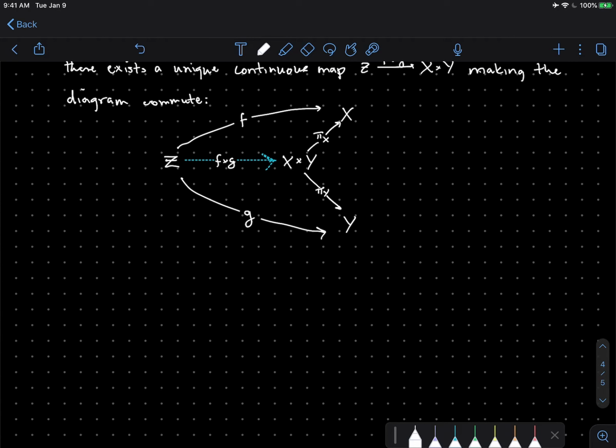So let's prove this. It's not a particularly difficult proof, but I think it's important to see how this line of reasoning works.